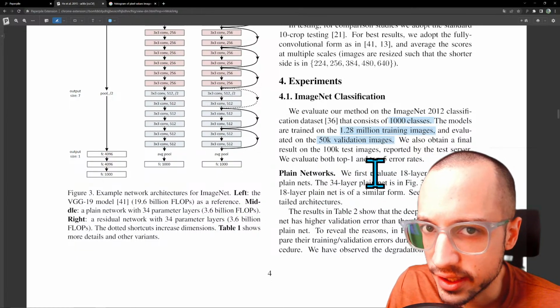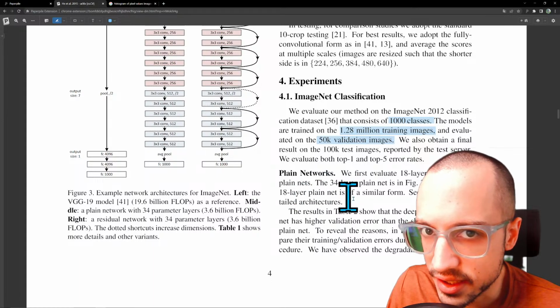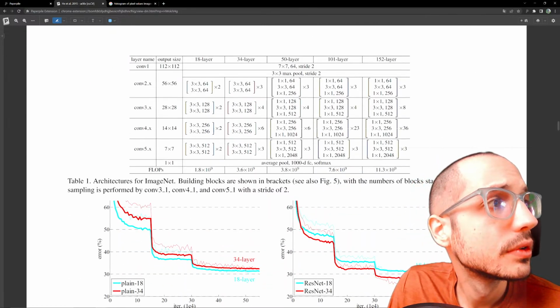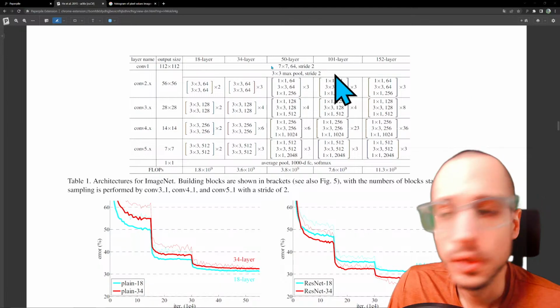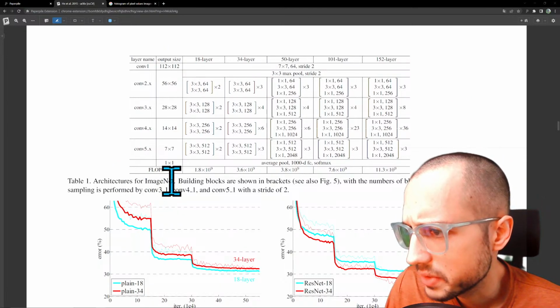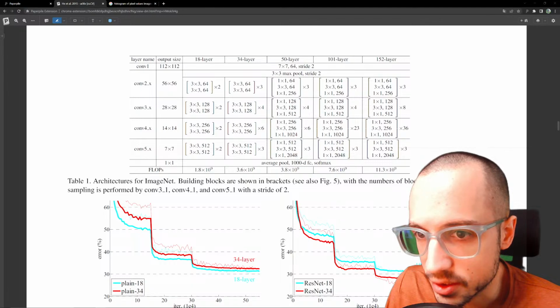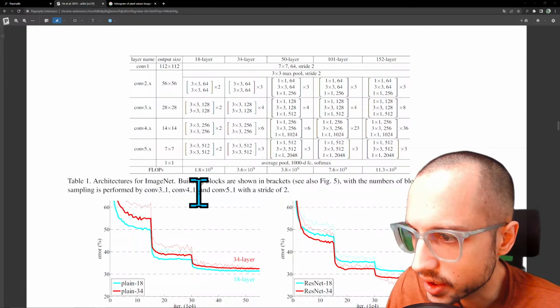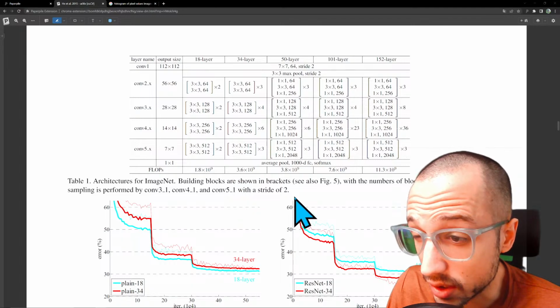First, evaluate the 18 layer and 34 layer plain nets. Okay, so they have a couple of different depths here. Architectures for ImageNet: building blocks are shown in brackets with the number of blocks stacked. Downsampling is performed by conv3_1, conv4_1, and conv5_1 with a stride of 2.